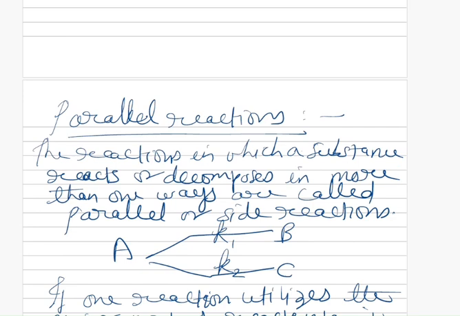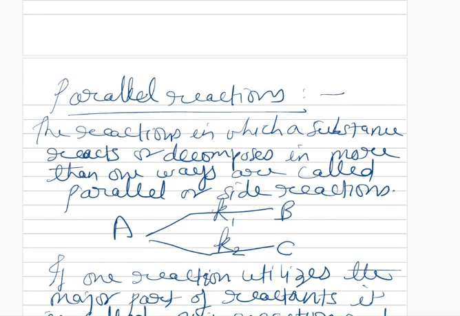Now we will study the parallel reactions. These are the reactions in which a substance reacts or decomposes in more than one way. It means A is forming B, and A is also forming C. So it is decomposing in more than one way, and these are called parallel or side reactions.